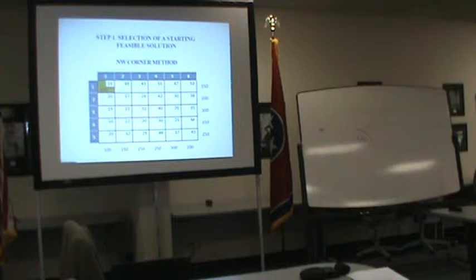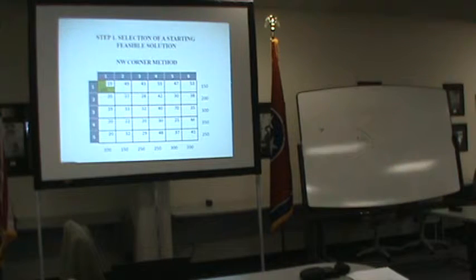So the minimum of the 2 projections is the maximum flow that you can put there. And then you satisfy either, sometimes both. If you have the same number here and there, then you satisfy both the row and the column. But typically you satisfy one of the 2. So in this case we satisfy the first column.